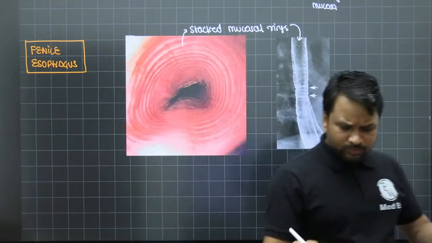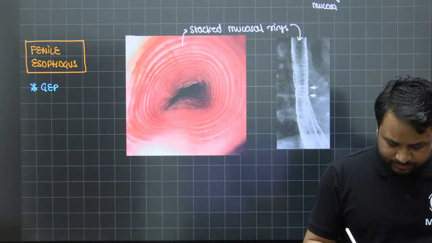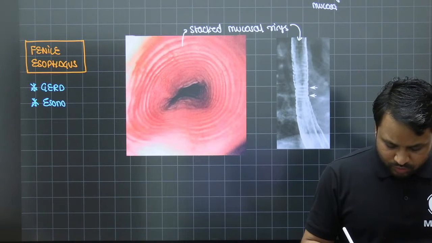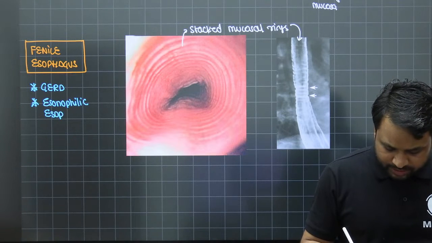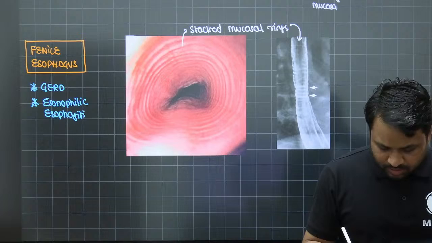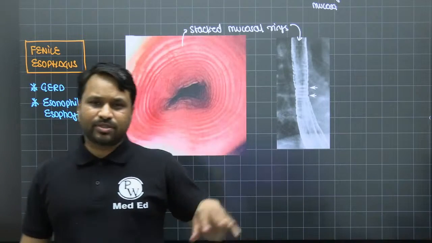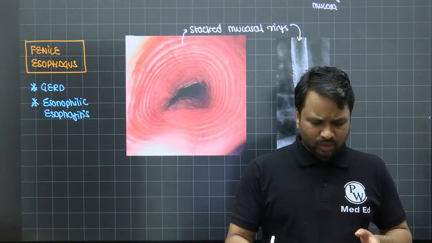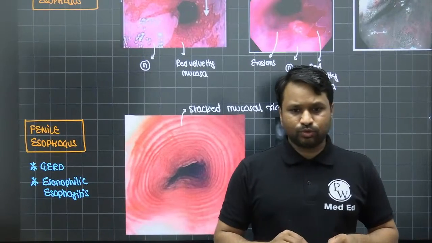Now, as we have told, the feline esophagus can be seen in GERD. It can also be seen in eosinophilic esophagitis. See, another thing that you can see in your GERD is something called a Schatzki's ring, which are the lower mucosal webs which are present, can present as dysphagia. We'll discuss it as we go further in GERD. But this is the image series that you need to know.